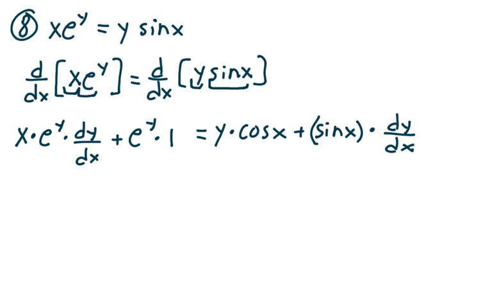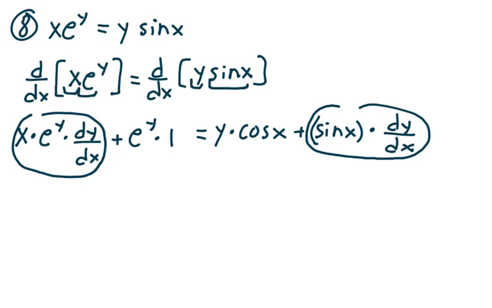Okay, so I'm going to combine the x e to the y dy/dx and the sine x dy/dx. I want those two terms, in other words, on one side of the equation. So I'm going to say x e to the y dy/dx. And then I want to subtract this term on both sides.